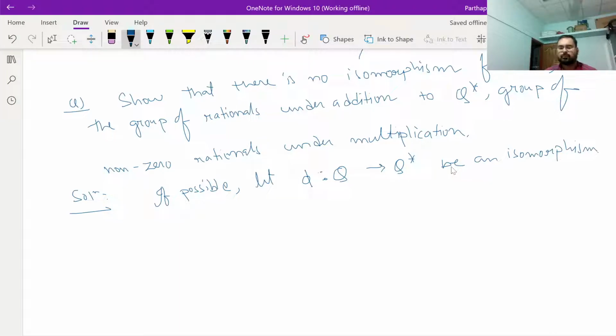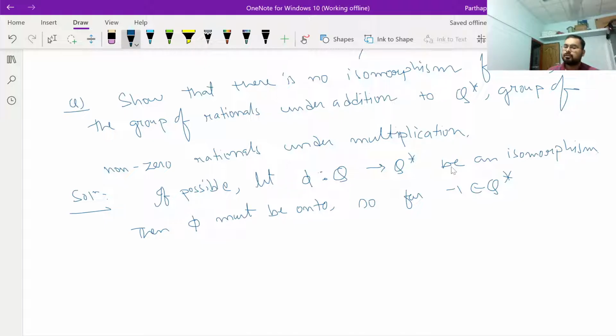Okay. Then phi must be an isomorphism, which means phi is a homomorphism, one-one and onto. So phi must be onto. Now -1 belongs to Q star.